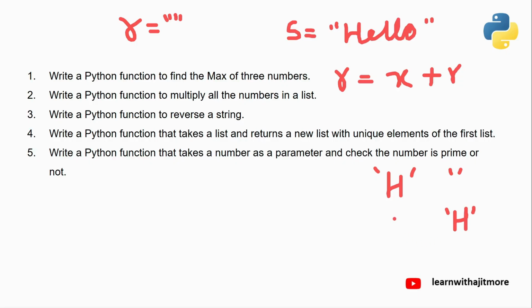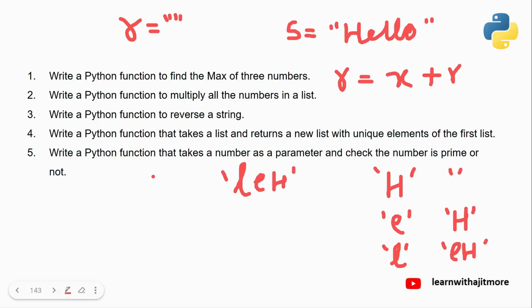H. And the next character is E. Now E and the previous H, when concatenated, you'll get EH, and that EH is again stored in R. So what is R for the next time? EH. And what is the next character? L. Again, they are concatenated, and you'll get L, E, H. And what is the next X? L only.